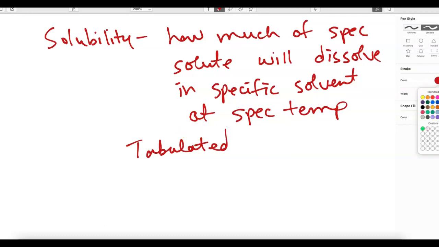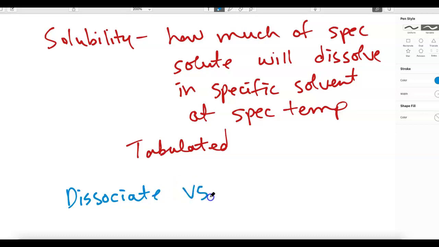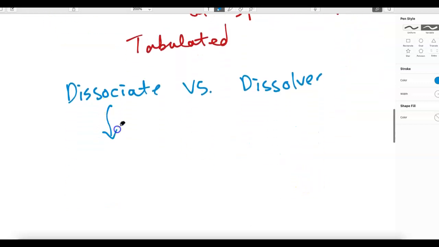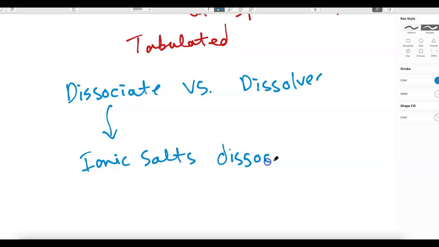We've already in class talked about the idea of dissociating compared to just dissolving. And specifically, ionic salts dissociate when they dissolve in water.